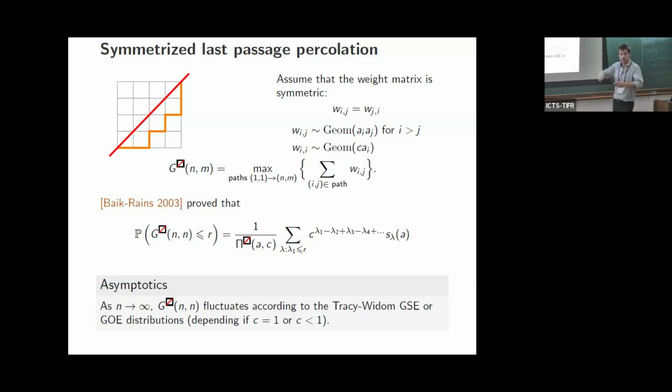I mean, there are also results when the A's are slightly different, if the A's are periodic, or if the A's are actually distributed according to some distribution. Typically the formulas hold for any set of variables, but for the asymptotics, it's simpler to assume that they're all the same.